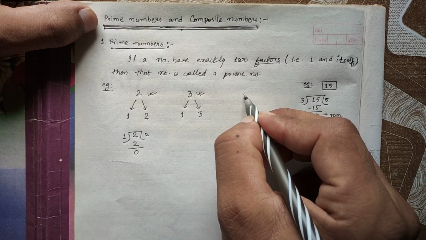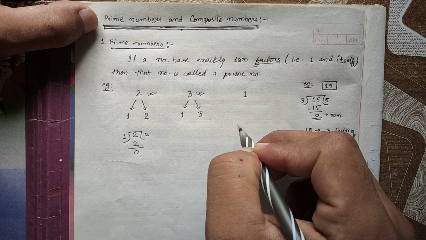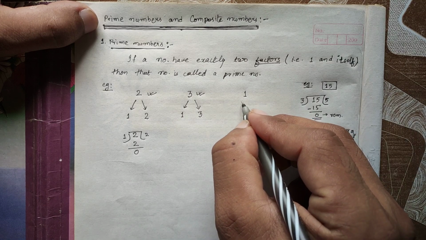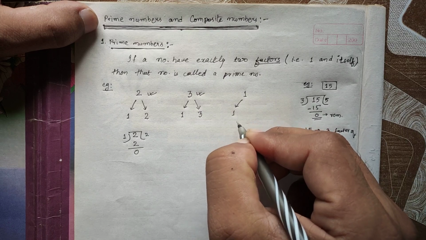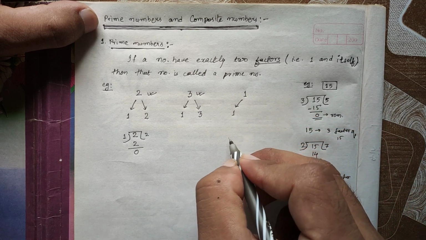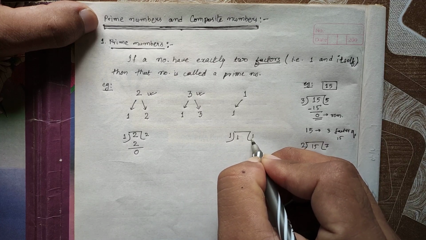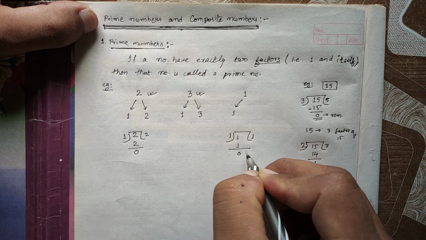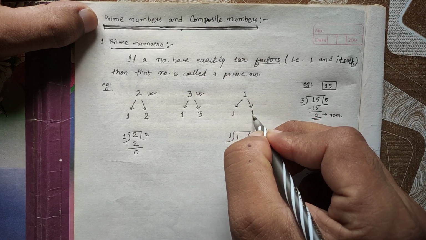Let's check for 1. Is 1 a prime number or not? 1 is divisible by 1: 1 times 1 is 1, so the remainder is 0. And itself is again 1.